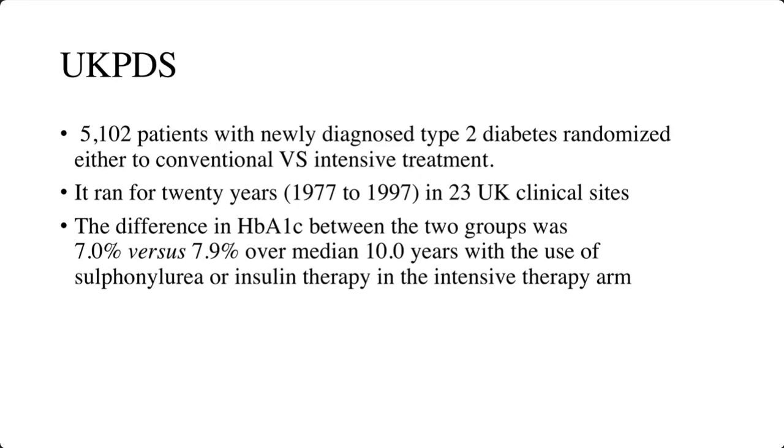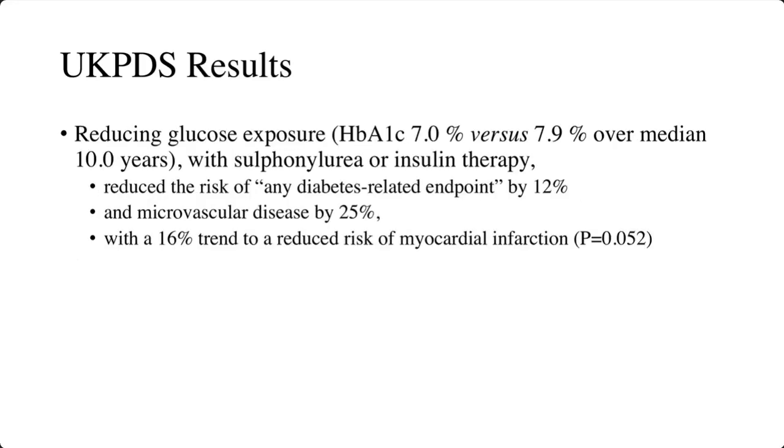They ran the trial for 20 years. The difference in hemoglobin A1C between the two groups was 7 versus 7.9 in the conventional group, with a median follow-up of 10 years. They used sulfonylurea and insulin therapy in the intensive therapy arm.